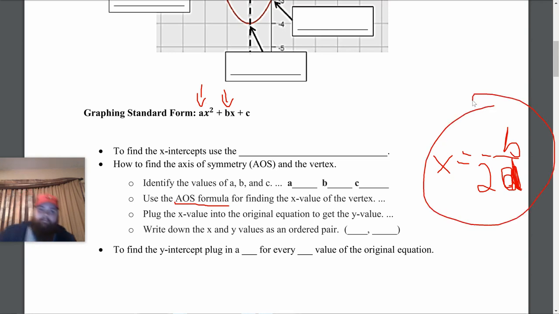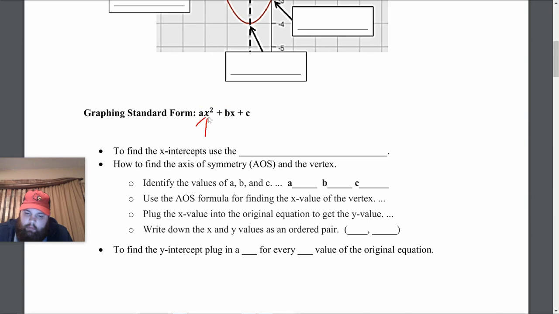Okay. And that'll give us an x value when we do that. So when we get this x value, we plug that into our original equation. So we go back and replace these x values. So let's clear this up again. These x values with whatever our x ended up being. And again, in a second, we'll be doing examples with this, so you'll be able to see it.